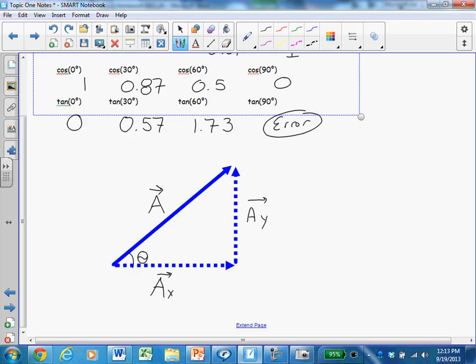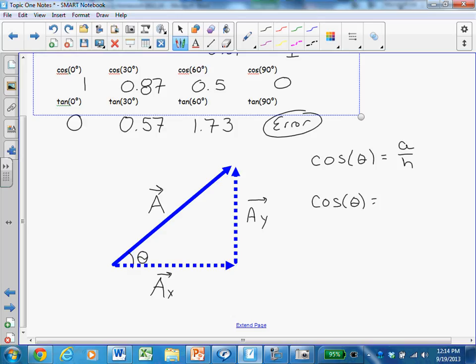Start with the ratio for cosine. Cosine theta, what was our ratio for that? Anybody remember the mnemonic? SOHCAHTOA, CAH: adjacent over hypotenuse. Okay. Now, if we look here, cosine of theta, what is our adjacent for this problem?